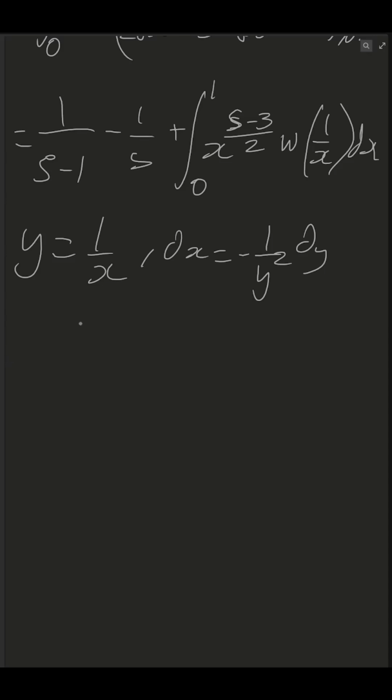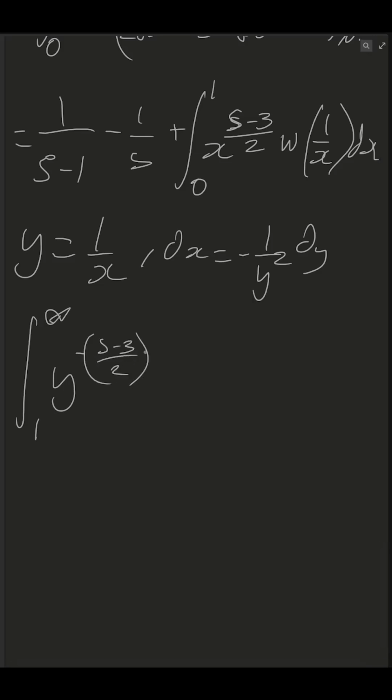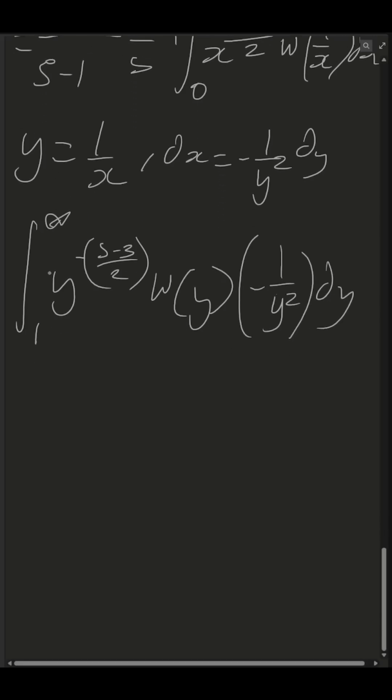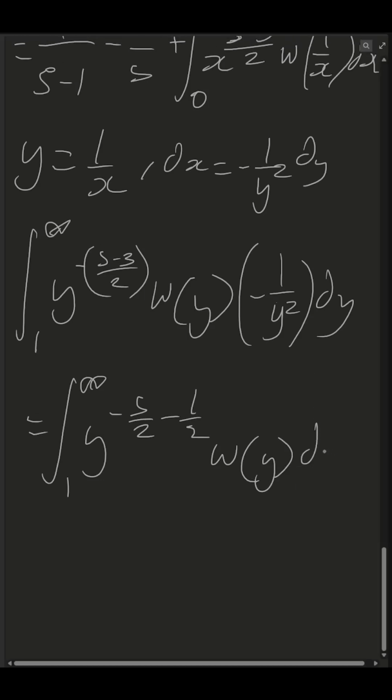So the above integral becomes this new one from 1 to infinity of y to the minus s minus 3 over 2 w of y times that minus 1 over y squared dy term, minus s over 2 minus a half w of y dy.